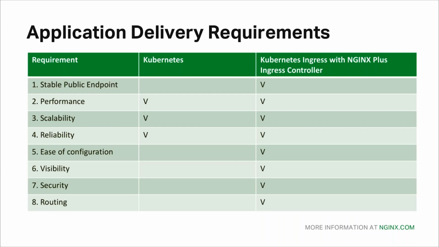Now that we saw the demos, let's review the table with our application delivery requirements and see whether we successfully address them. Number one, the stable public endpoint is provided by the Ingress controller along with the basic load balancer, through which we expose the Ingress controller. Number 2, 3, and 4, Kubernetes by itself helps to address some of those requirements.